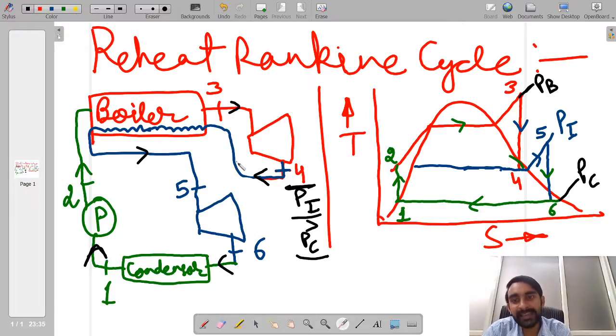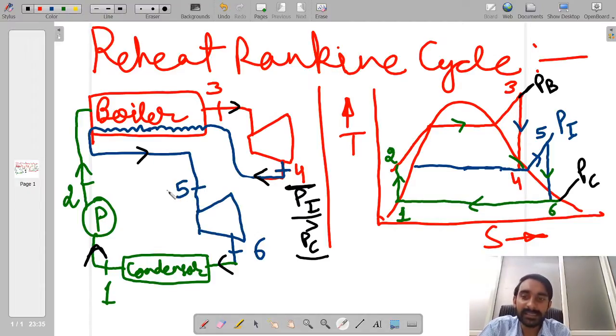While it has entered the boiler, obviously the boiler provides a certain amount of heat to this steam, and this steam is taken out of the boiler at point number 5, which is in some superheated state.